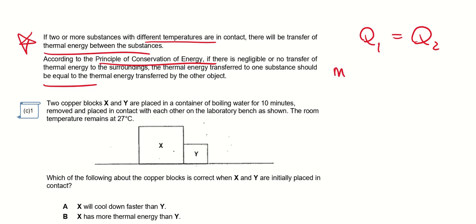Then I will have M1 C1 change in theta 1 equals to M2 C2 change in theta 2. We will be using a lot of this method in solving, because it involves transfer of energy between two objects. So you have to always find what is common between these two objects. Sometimes can be messy.